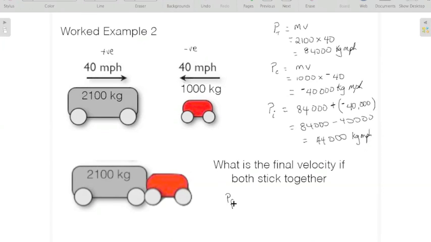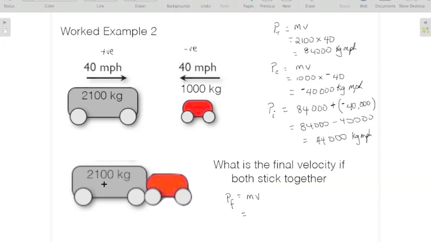Final momentum, PF now, would be the total mass of the bodies because they're stuck together, right? So PF, let's start with the basic equation. Momentum is mass times velocity.